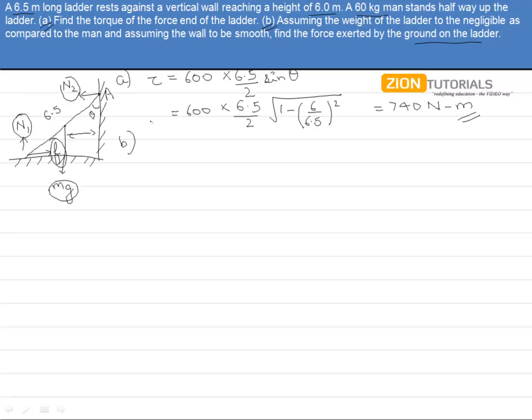So if we balance the torque about the point A, we are going to get mg into the distance between them, that is this distance, which is 6.5 sine theta, since this will be in the anti-clockwise direction, right?